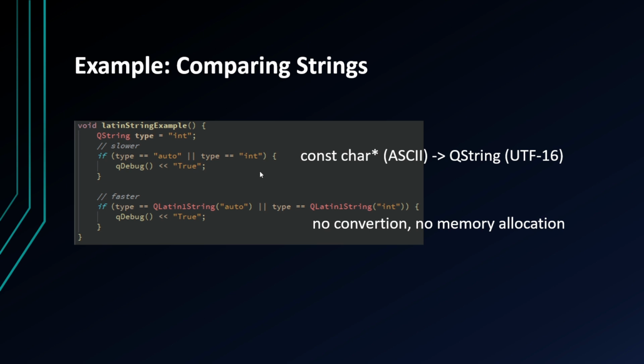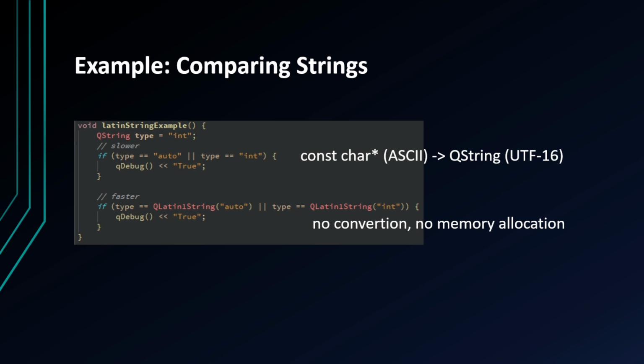But it is all about performance. In the first condition, we compare our string with the C-style literals, const char. These literals are implicitly converted to QString before comparison. Meanwhile, in the second condition, we make a temporary QLatin1String.